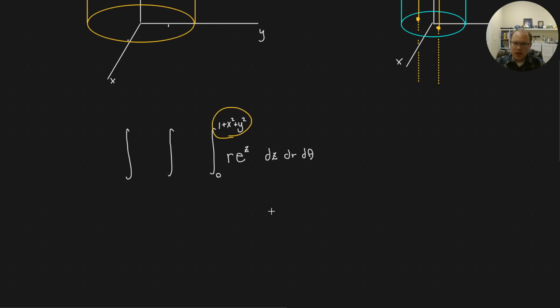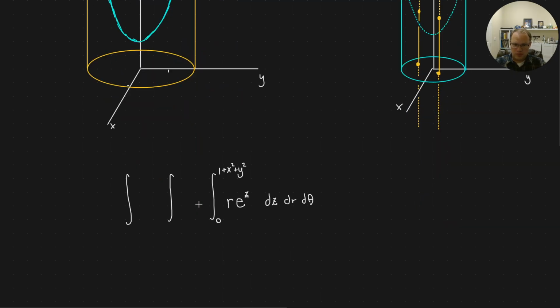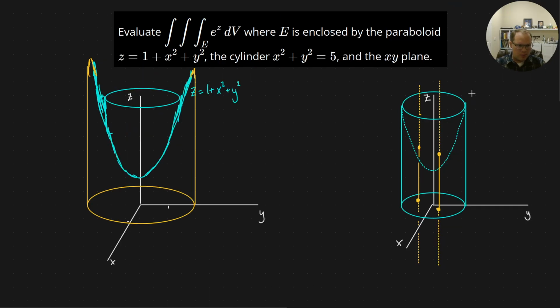My limits of integration are involving our rectangular variables, but I'm only integrating with respect to z, and then my polar variables are in r and theta. I need to get rid of the x and y. I need to rewrite this equation, z equals 1 plus x squared plus y squared, in terms of the polar variables.